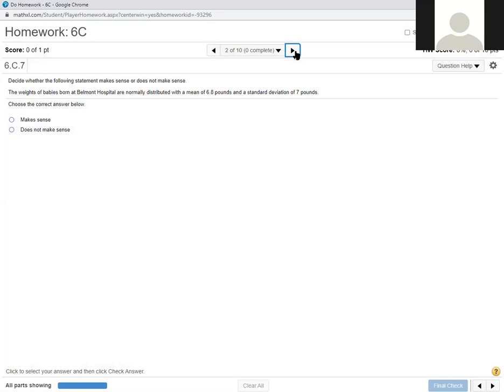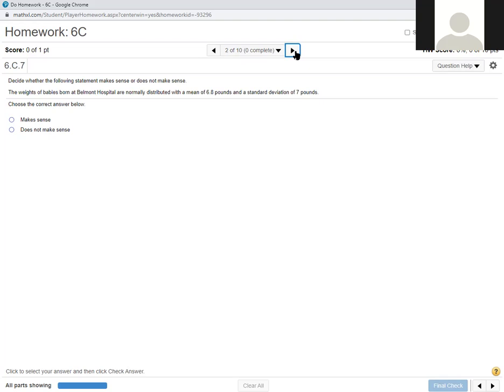The weights of babies born at Belmont Hospital are normally distributed with a mean of 6.8 pounds. So the average weight of these babies is 6.8 pounds and a standard deviation of 7 pounds. So can your babies average 6.8 pounds and have a deviation of 7 pounds?